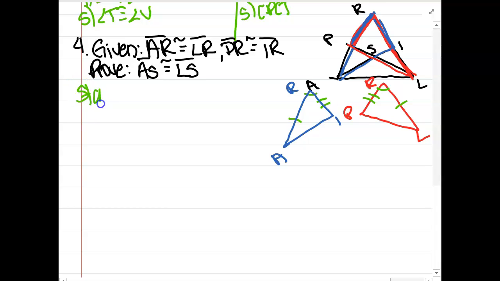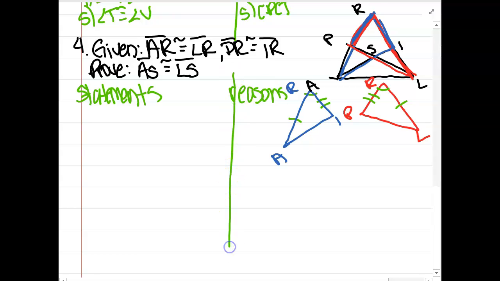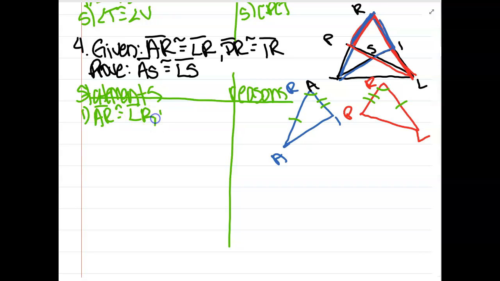Okay, so in our proof, we've got our statements, our reasons. We know AR is congruent to LR, PR congruent to IR, because of the given. Now we said we're going to want to do side, angle, side. I already did the two sides, that was in my given, but I need the angle.